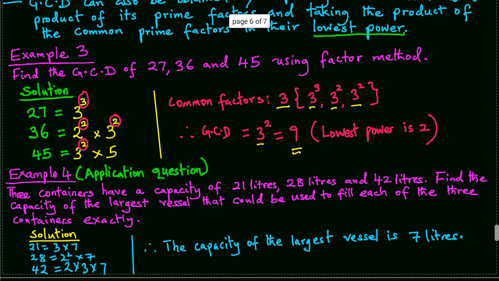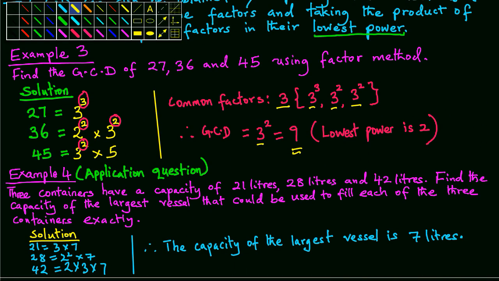Let us look at an application question. We have 3 containers having capacity of 21, 28, and 42 liters. We are required to find the capacity of the largest vessel that could be used to fill each of these 3 containers exactly. So in this case, we can express 21 as a product of its prime factors, 3 times 7. 28 as a product of its prime factors will be 2 squared times 7.